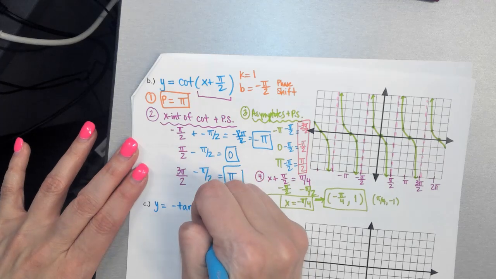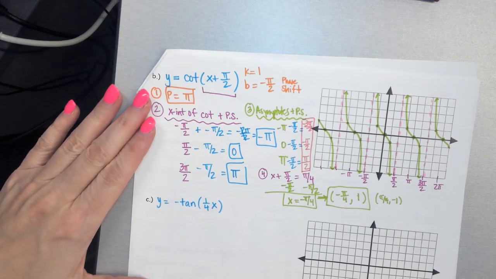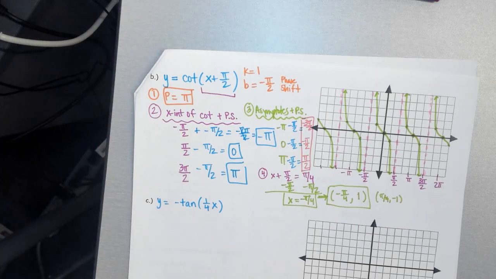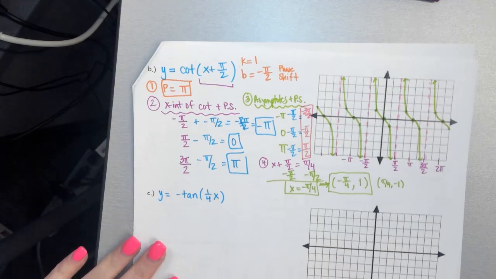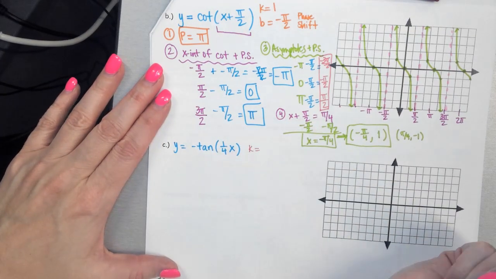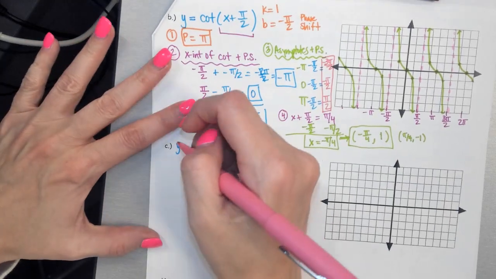But wait, there's more. What about this type of transformation? And we haven't done one yet that has a k value that's not 1. Behold, what is the k value for part C? 1/4. And then notice you also have this negative out front.